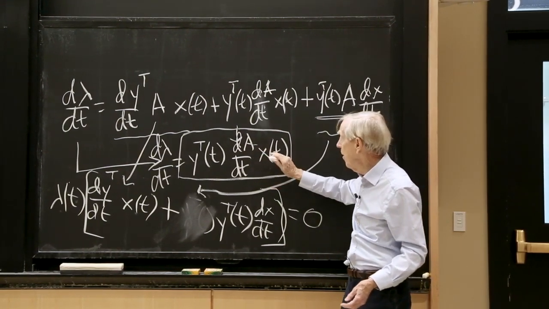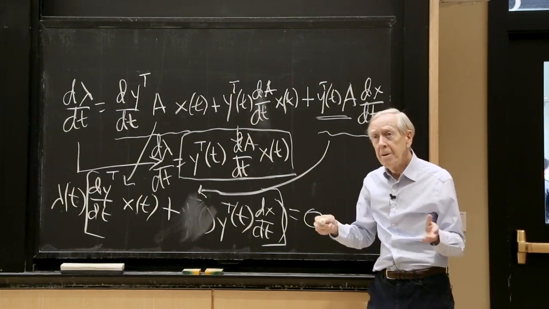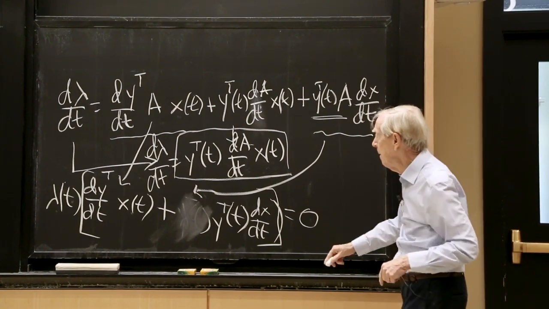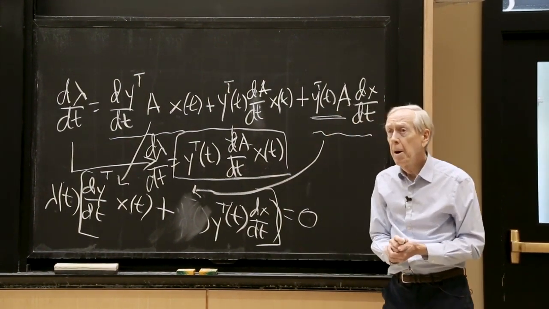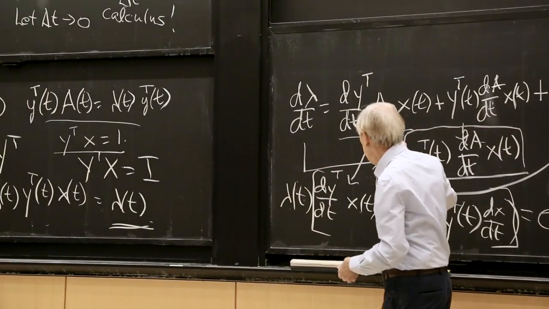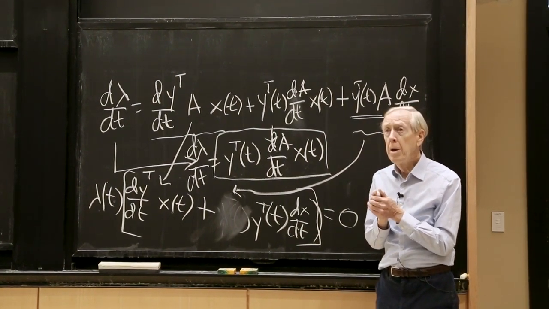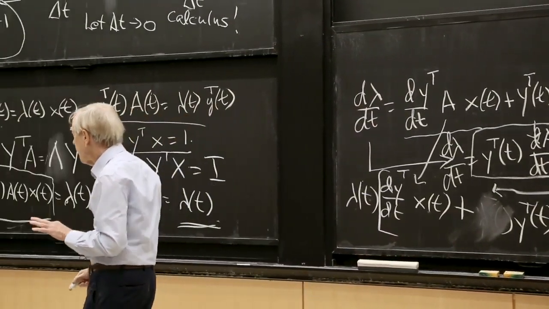But it will also involve dx dt and dy dt, and in fact, the pseudo inverse even shows up. It's another step, and I'm not going that far because we've got the best formula there. Okay. So now that has answered this question.